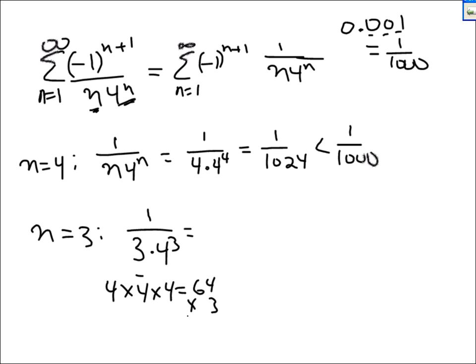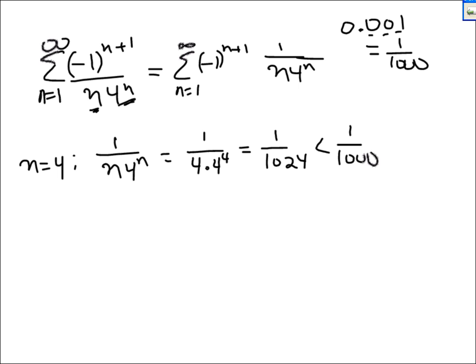Then you multiply that by a measly 3. If I'm not mistaken, you get 192. Okay, this is not less than 1 over 1,000. It's bigger than 1 over 1,000. So 4 was the first time it worked. Work means you got a term that was smaller than the error you wanted.